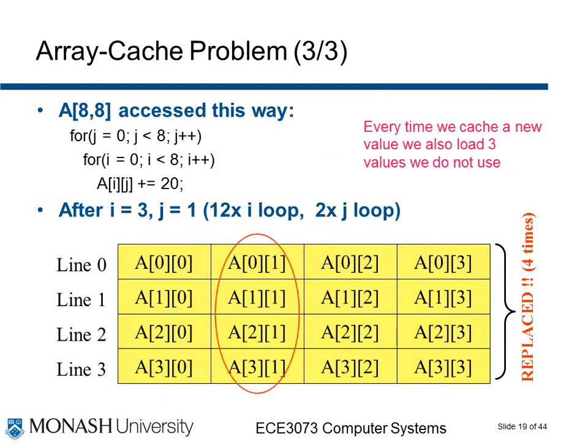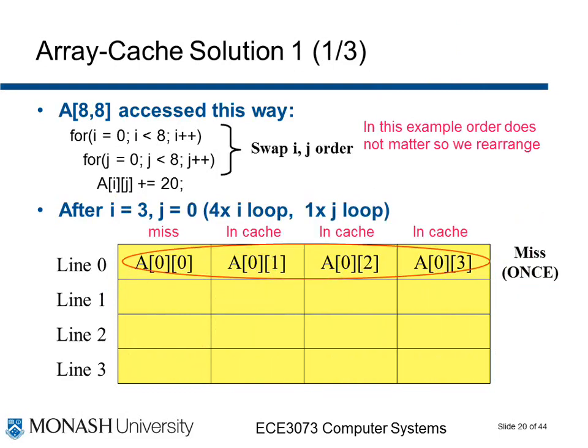It's very simple. So again, first I access A00. What do I access next? I access A01. So A00 brings in the first element, fills up this first cache line, and then A01 is ready.